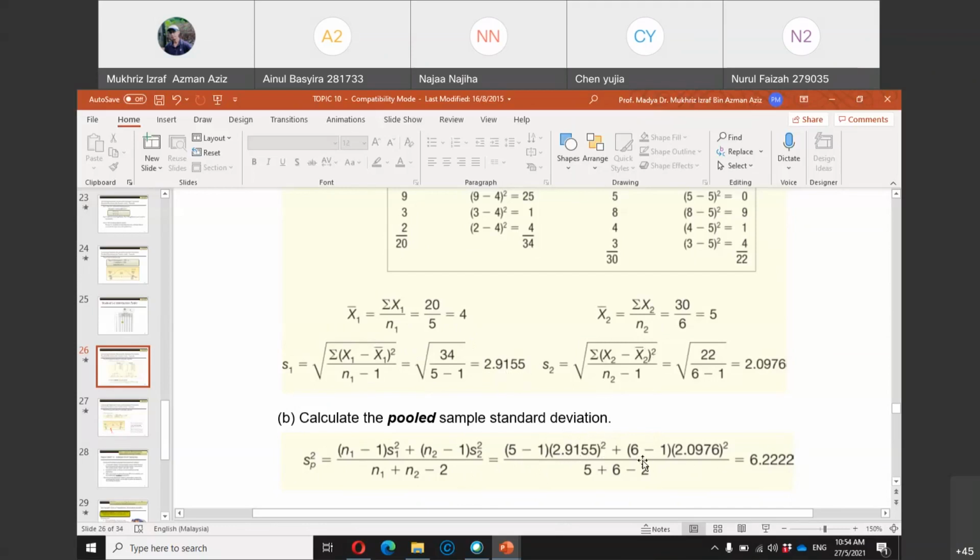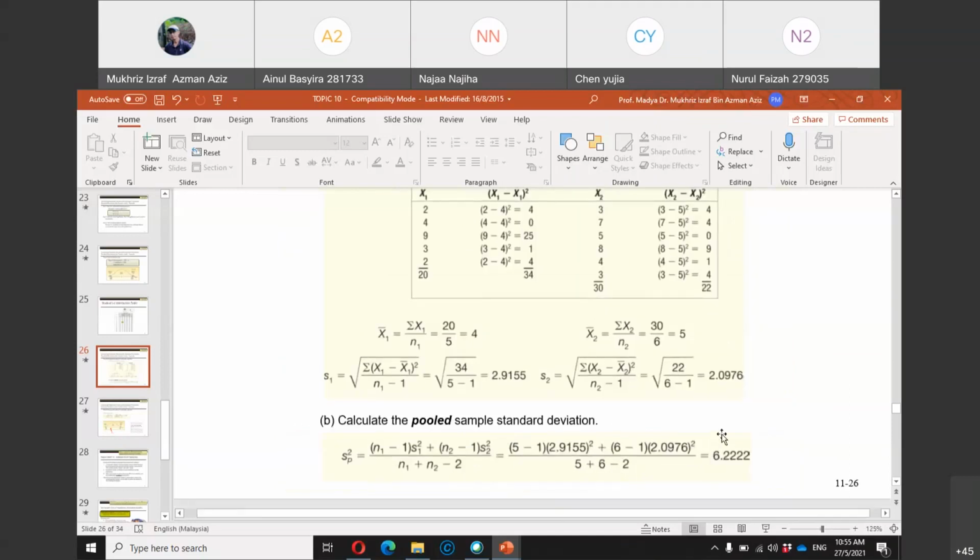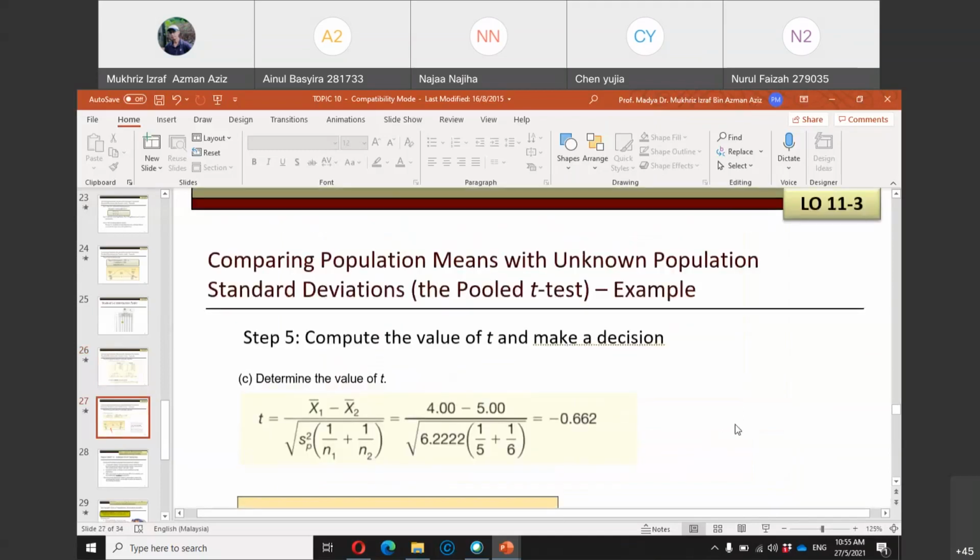There are 6 samples in Atkins, minus 1, multiplied by the variance, divided by 5 plus 6 minus 2. This is just to get the pooled variance, or pooled S squared P. So you get 6.2222. So that will be the pooled variance.